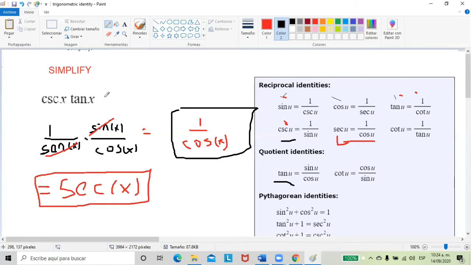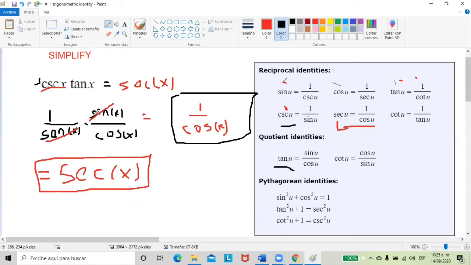So to simplify this, we have these trigonometrical identities. We have this expression that is a little more complicated. If you write cosecant of x, tangent of x, you need to simplify this. How do we do it?